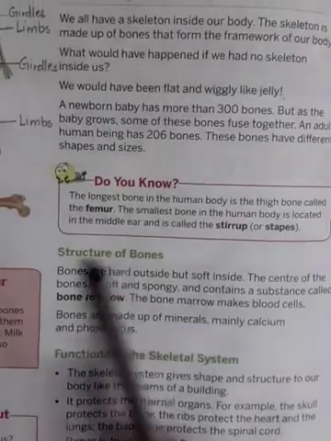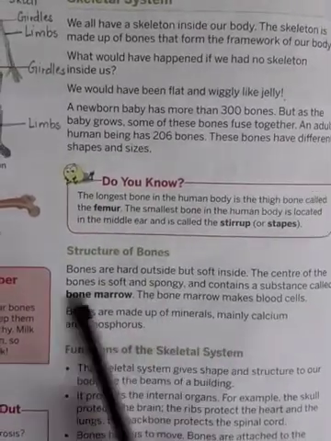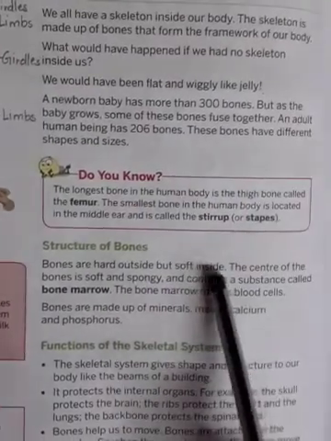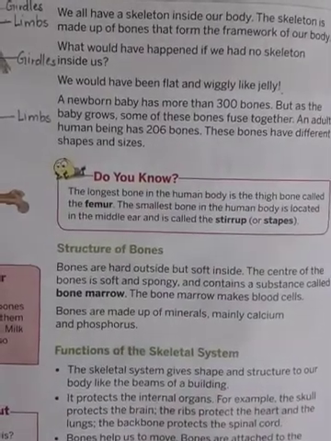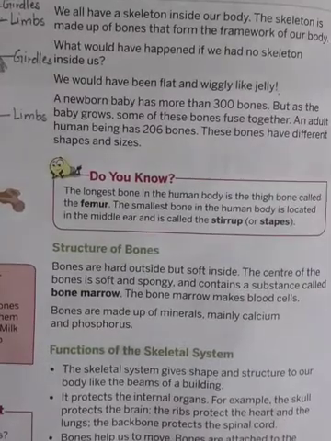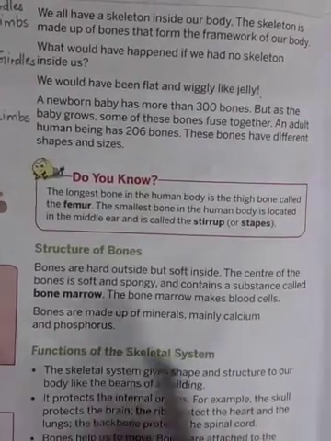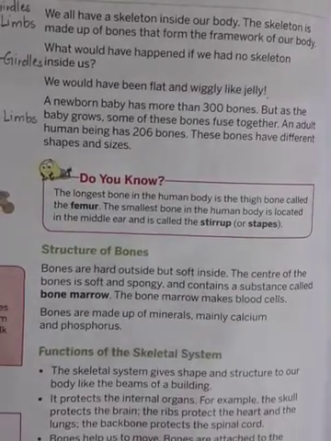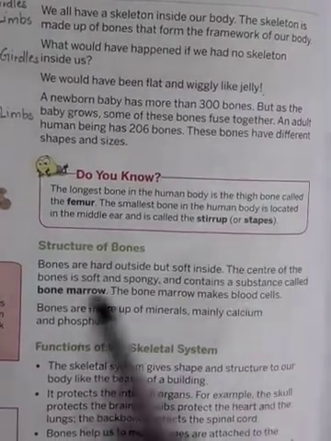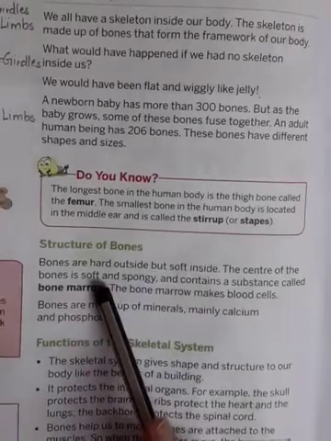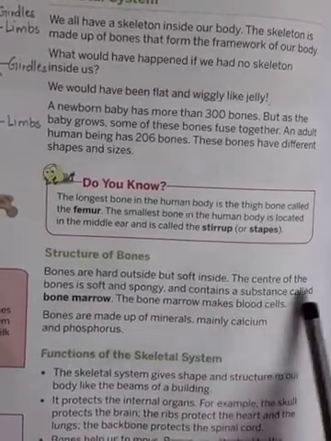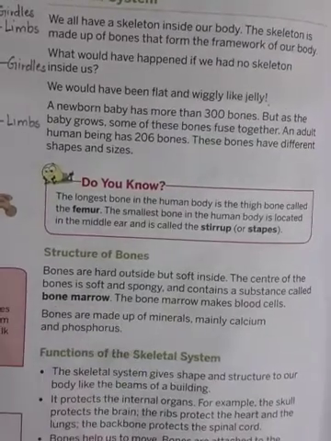Structure of bones. Bones are hard outside but soft inside. You can feel this whenever you touch your bone. The center of the bones is soft and spongy and contains a substance called bone marrow.